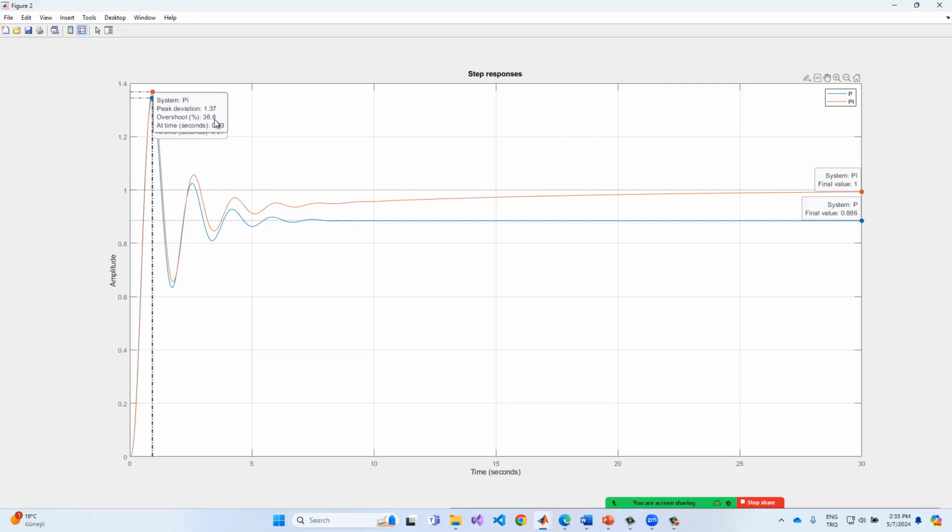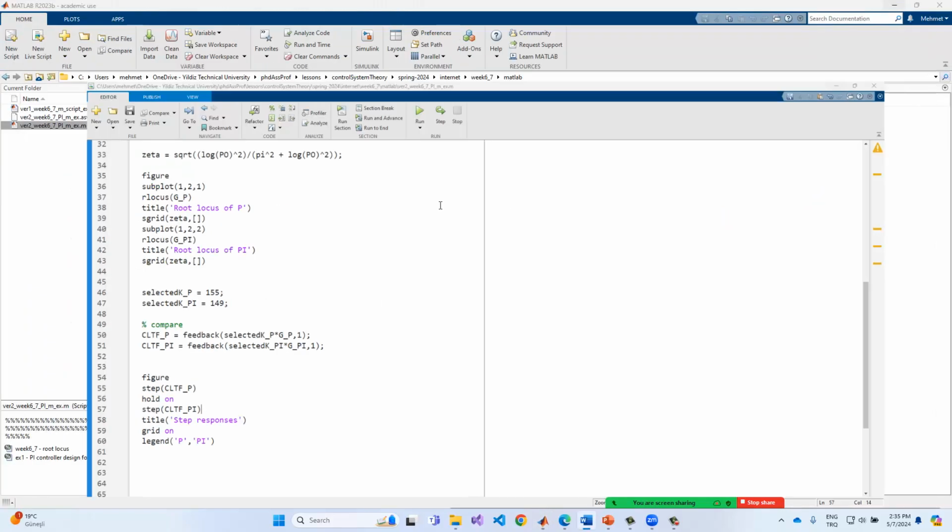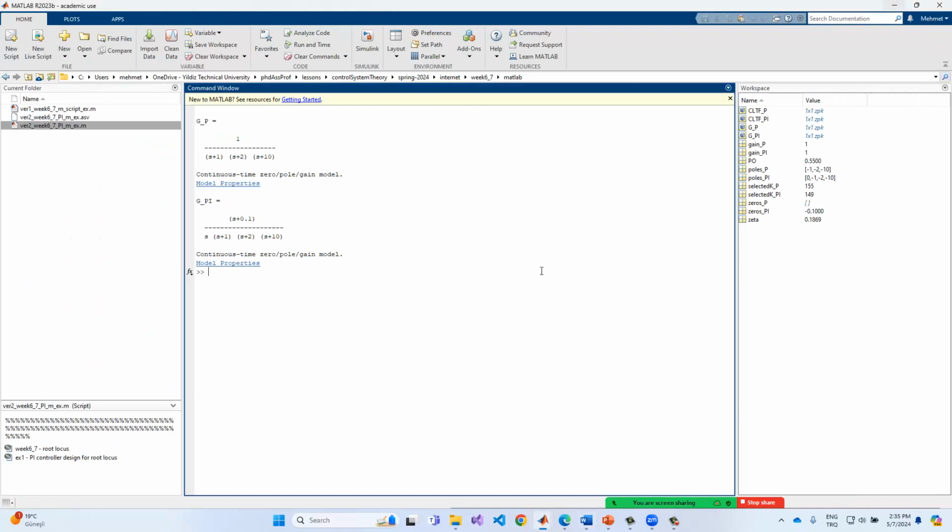Can anyone answer that? In the integral controller, we reached what? Yes, KP selection is an important parameter, but we have another source of problem in here because CLTF P is equal to these terms. This is the third order equation.